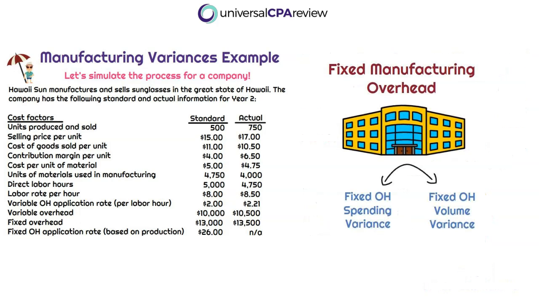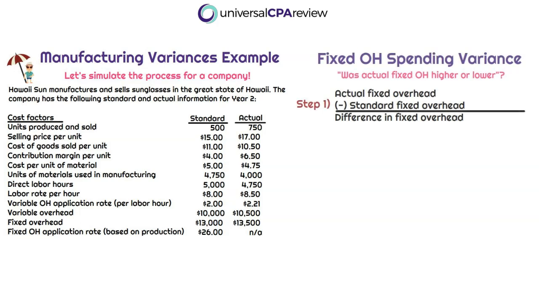So now we're going to move on to fixed manufacturing overhead, very similar to variable in the sense that we have a fixed overhead spending variance as well as a fixed overhead volume or efficiency variance. So the question we're asking ourselves here is, how did fixed overhead compare to the budgeted or standard overhead? So starting with the fixed overhead spending variance, this is where we're focused on the actual spend. And this one is actually only one step.